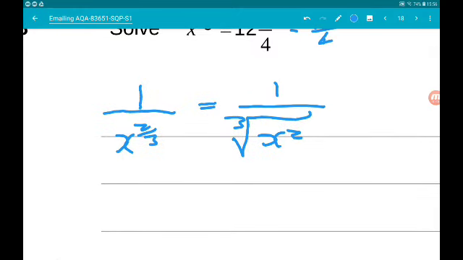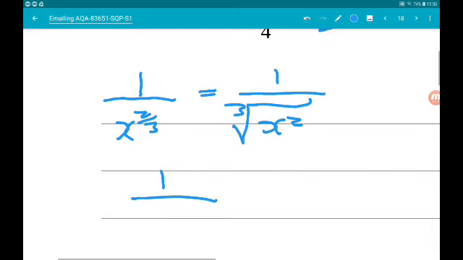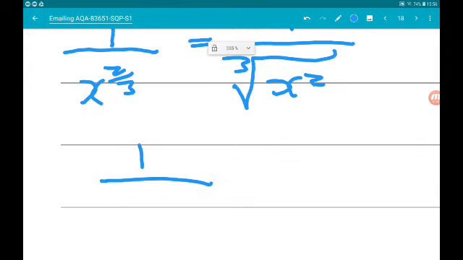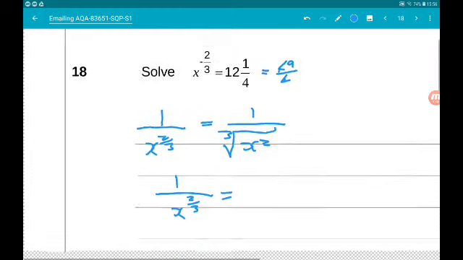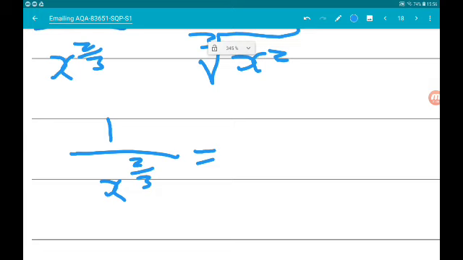So we know 1 over, now I'm actually just going to leave this in power form. So 1 over x to the 2/3 is equal to 49 over 4.